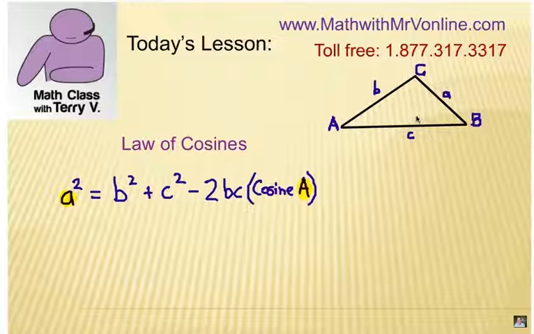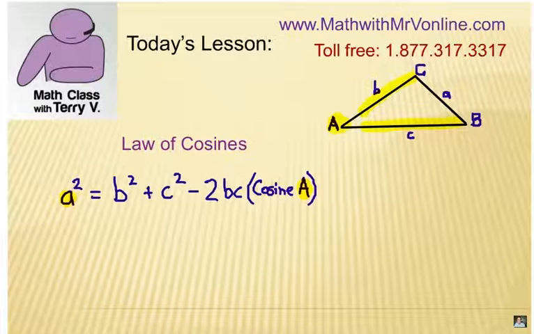And the other, more common way is that you know one angle and 2 sides. In other words, it's going to be side, angle, side. If you know 2 sides of the triangle and its included angle, then you use the law of cosines. You have to know at least 2 sides of the triangle in order to solve all the missing parts.